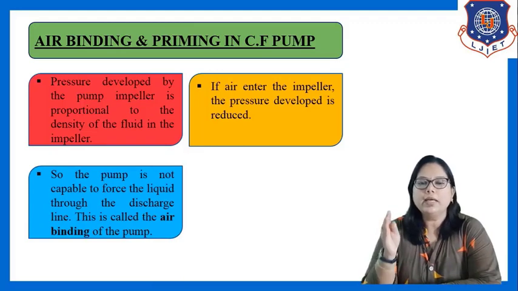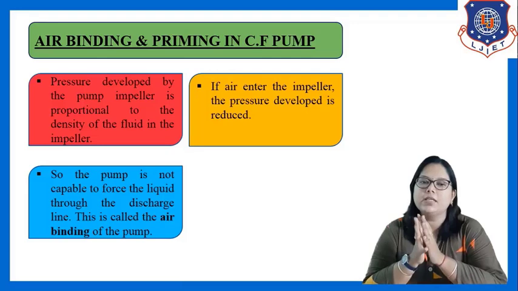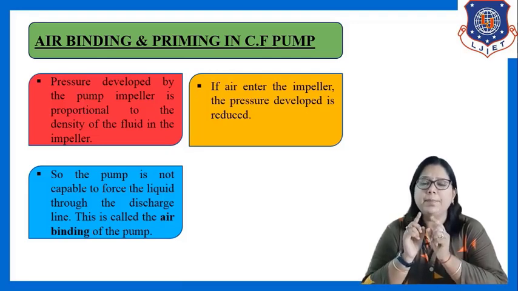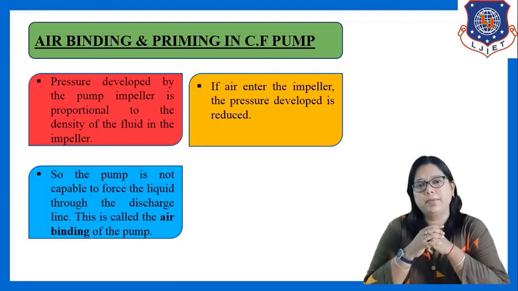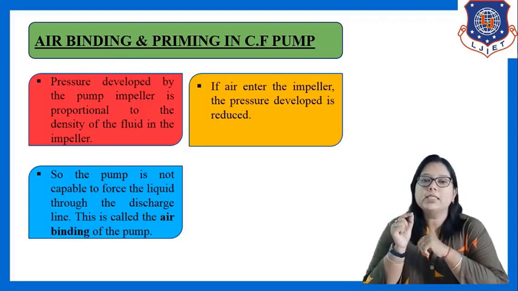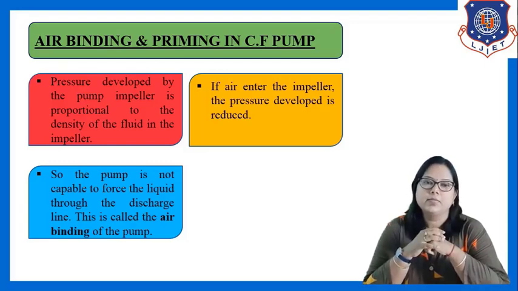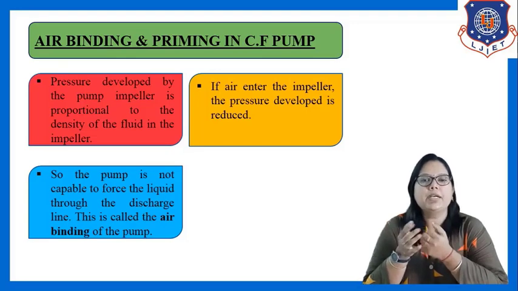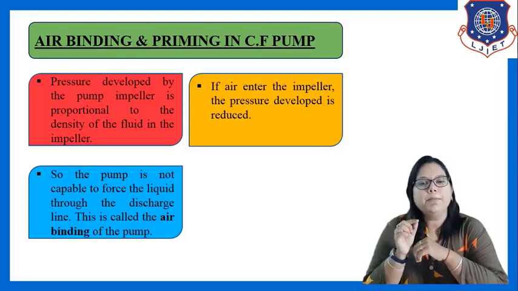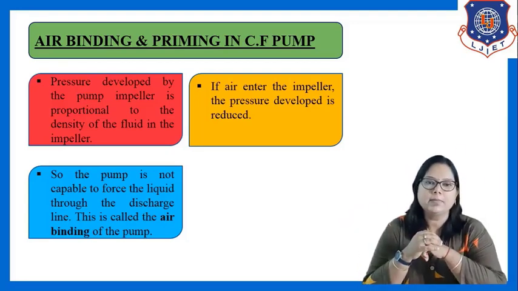So if air enters the pump, then pressure is reduced in the pump impeller, and at that time the pump is not capable of forcing the liquid through the discharge line, because due to pressure development the pump impeller is capable of transferring liquid from the suction line to the discharge line.